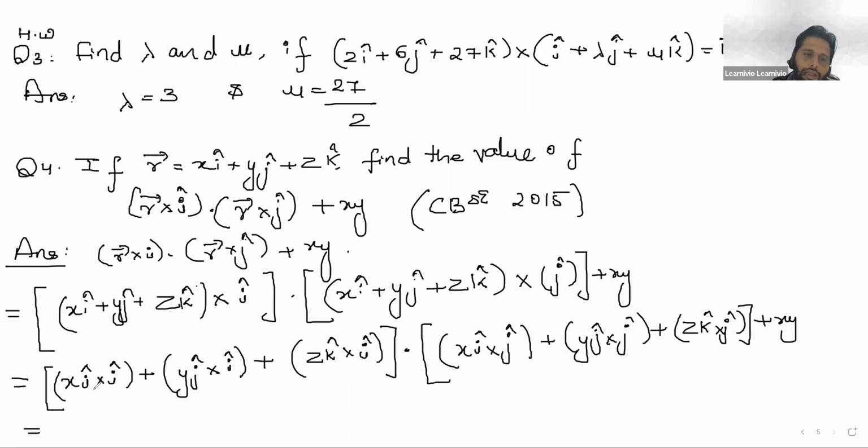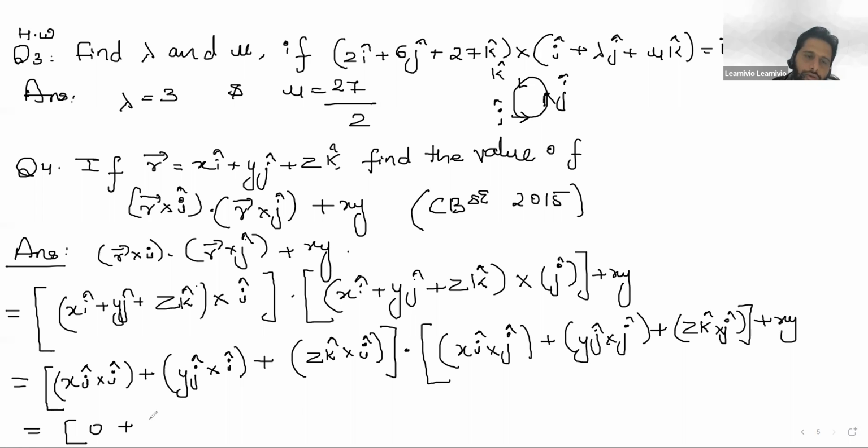Now i cap cross i is 0, you already know, plus j cross i. Remember the anti-clockwise circle: it is i, j, k. So j cross i means opposite, so you will get minus k cap.